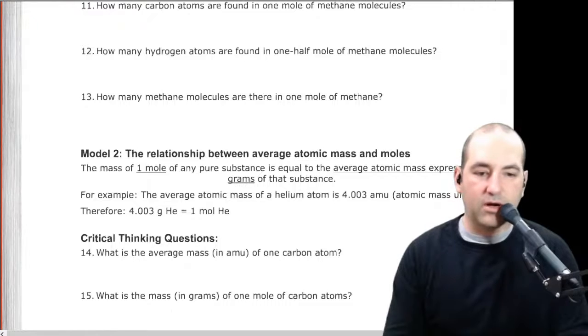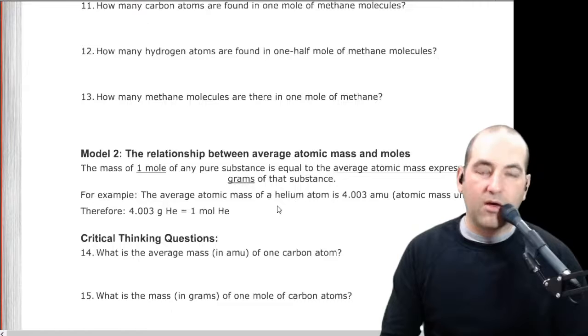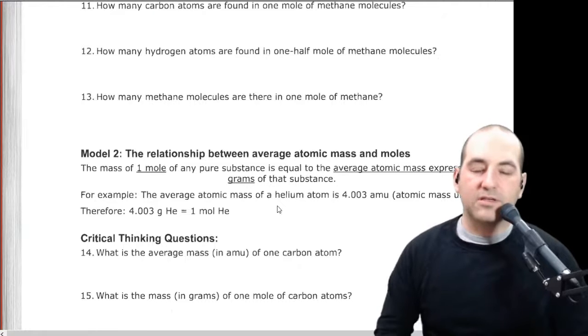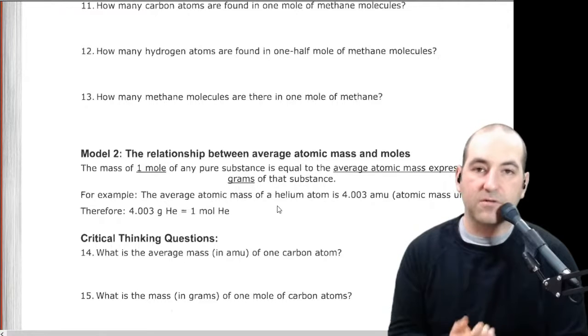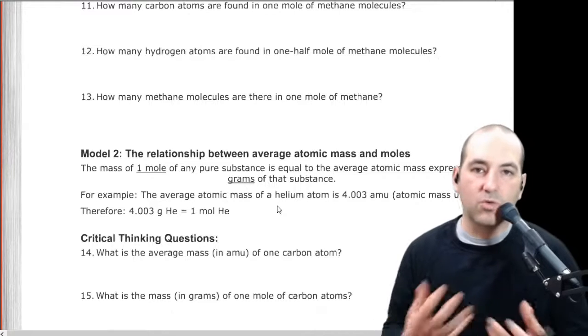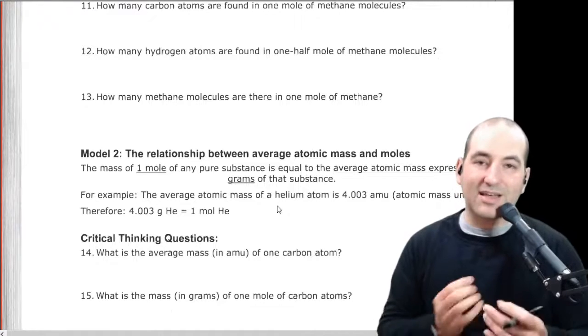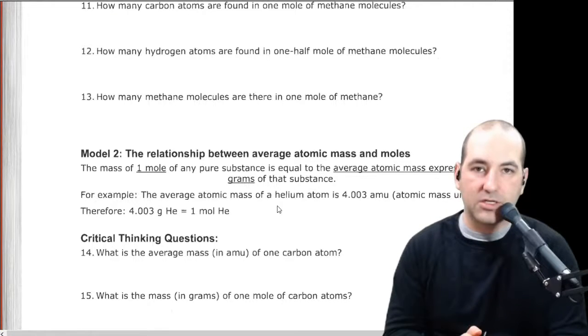And the reason that's so important, if you remember back to the chemical reactions and equations worksheet, when we talked about those, we had these coefficients in front of the substances and in front of the species, and it turns out that those coefficients are how we set up the reaction, because we know that we need two hydrogen molecules to react with one oxygen molecule to make water. So they need to be in this 2-to-1 ratio. And that ratio is a counting ratio. We have to have twice as many hydrogen molecules as oxygen molecules.